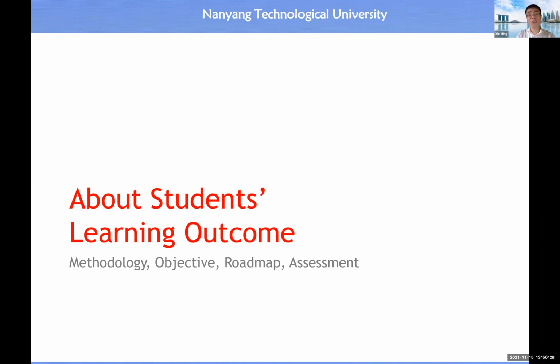For those of you who are excited about studying the robotics course, you may want to know what the learning objective is, what the content to study is, what the methodology to follow is, how this course is conducted, and how the learning outcome is assessed, etc.